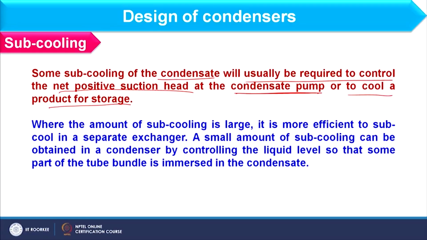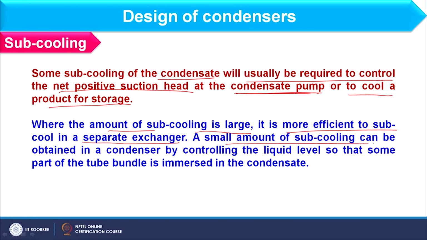Okay. And in an industrial condenser, we usually consider some amount of subcooling, because we have to ensure the performance of the pump. Where the amount of subcooling is large, it is more efficient to subcool in a separate exchanger, as we have discussed in superheating also, right.